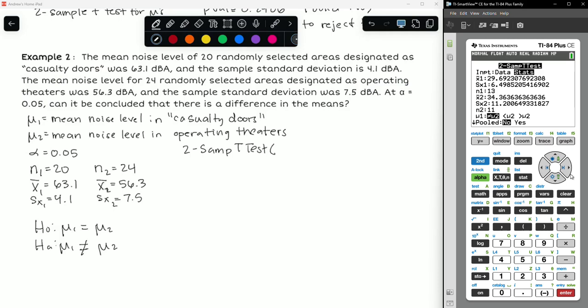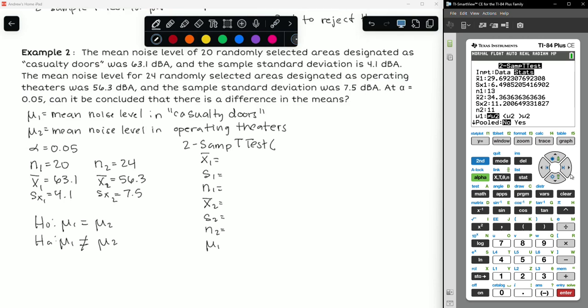So this function's asking for x bar 1, s1, and n1. And then the same for sample 2, x bar 2, s2, n2. And then similar questions, I need to know my alternative, and I need to know if it's pooled. And we're always going to leave pooled set to no.